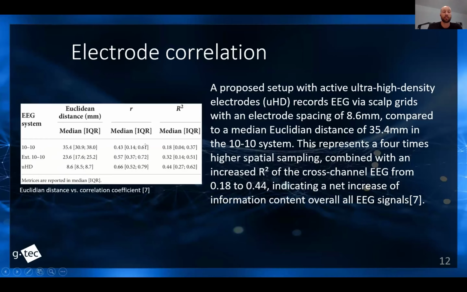And we see here the Pearson's correlation, so the R squared value here, and we can see even though the sensor distance increases very much, like here 4 times, the correlation just increases 2.5 times. So we see here definitely improved content in information in the sensors that we have.